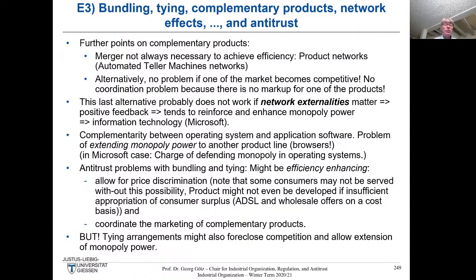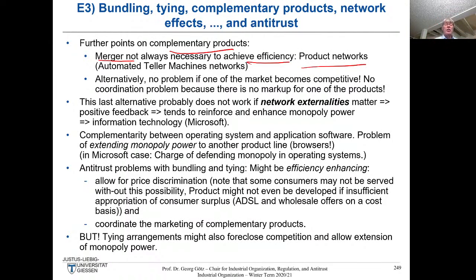So finally, to summarize, this is really my last slide today. In terms of the complementary products, even though these products are complements, it's not always necessary to really have a merger to monopoly, because you also can achieve this efficiency by other means, like product networks.